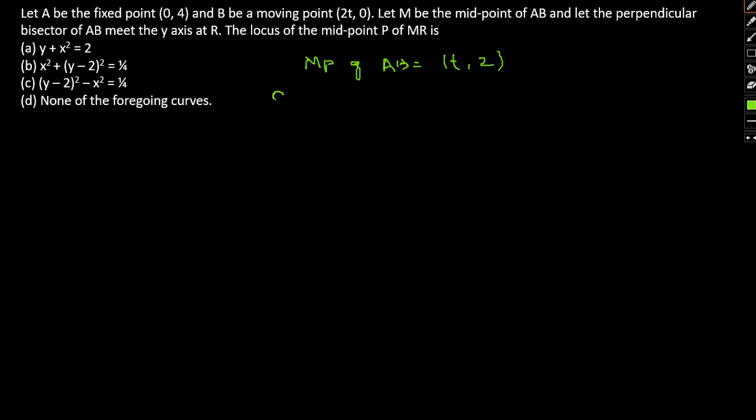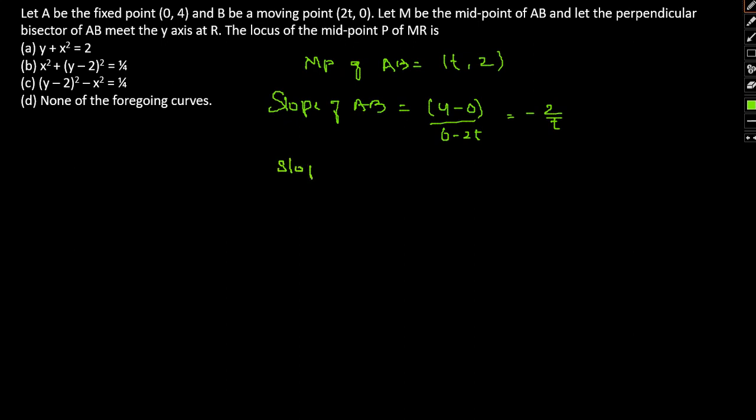Okay, so slope of AB will simply be (0 minus 4) by 2t, that is minus 2 by t.